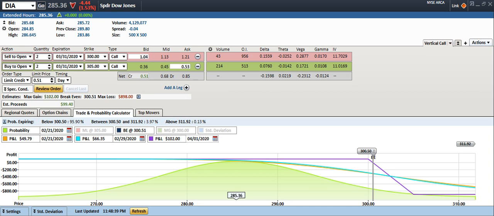And then in this example, if our total risk adjusted capital is about $900, you'd be targeting about a 5 to 6% return on this trade in about 45 days.